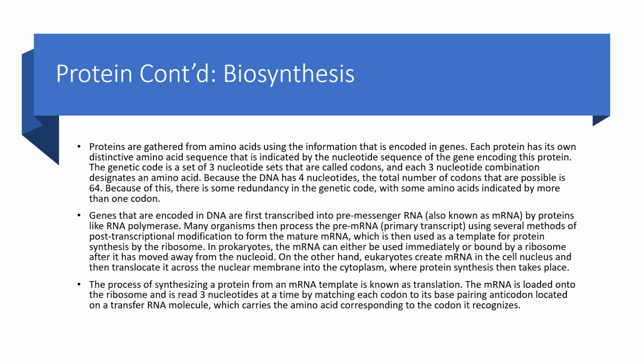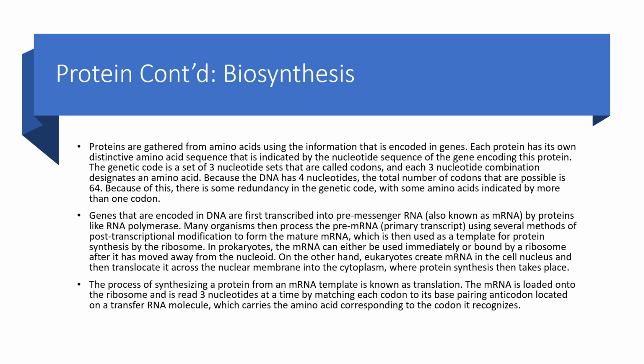Because the DNA has 4 nucleotides, the total number of codons that are possible is 64. Because of this, there is some redundancy in the genetic code, with some amino acids indicated by more than 1 codon.